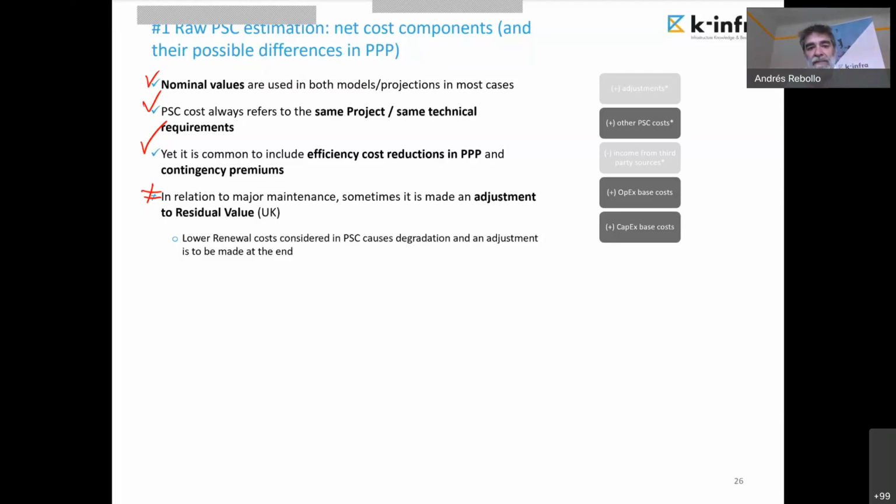So in the end, same project and same base case is not completely true. This is an exception sometimes that we can admit.